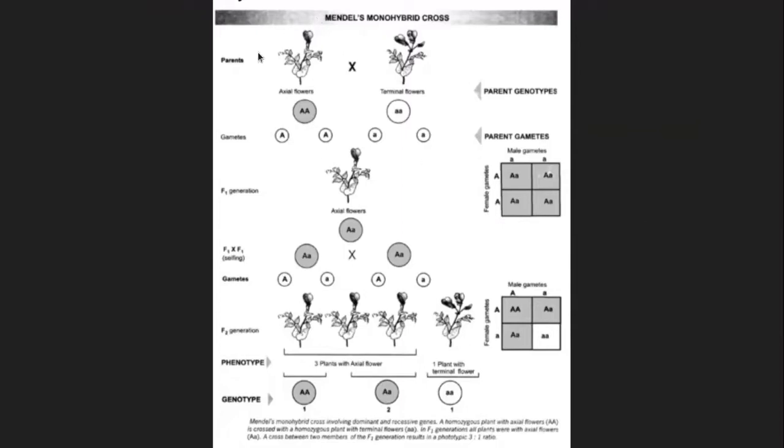Now imagine there was this pure breed of axial flowers and a pure breed of terminal flowers. That means when the terminal ones were self-pollinated, they will always produce terminal, and when the axial ones were self-pollinated, they will always produce axial. But when they are cross-bred, axial with terminal, they will produce certain gametes. Because both alleles are the same, both the gametes produced will be the same, that is, only capital A. There is no difference of the allele.